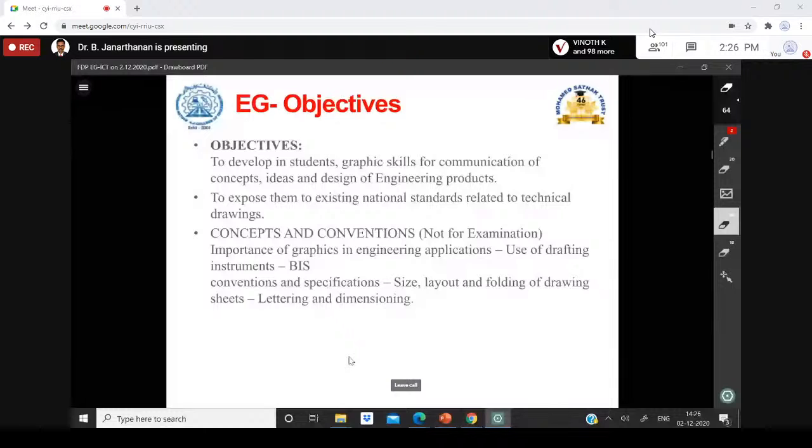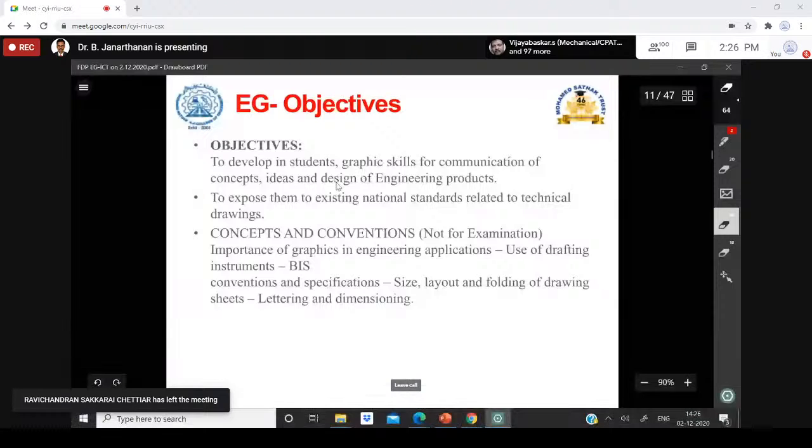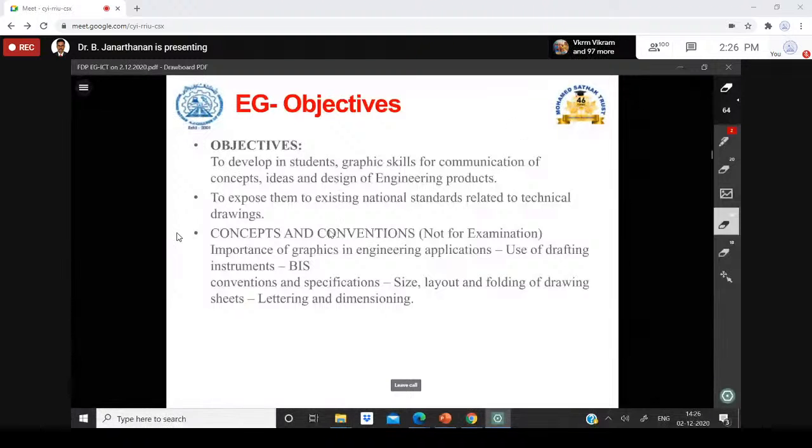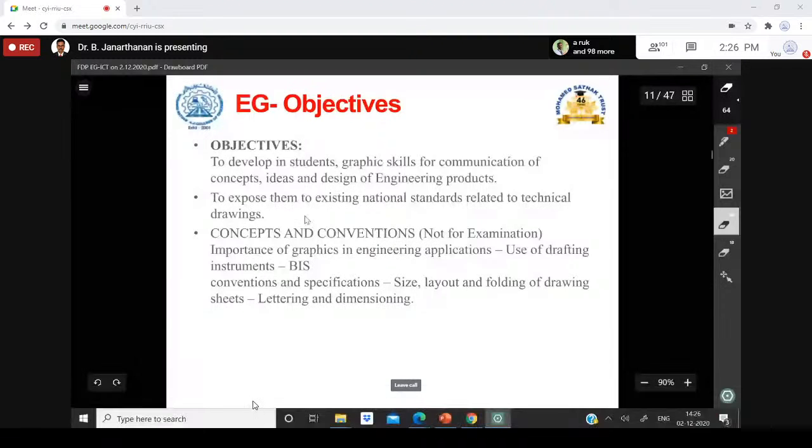This is the objective of engineering drawing given in the Anna University syllabus. We concentrate mainly on the Anna University syllabus, even though many faculty have joined from across the country. Mostly the same syllabus is followed throughout, except for very few changes. Unfortunately, these conventions of the Bureau of Indian Standards, lettering, dimensioning, all these things, are not included for the examination.